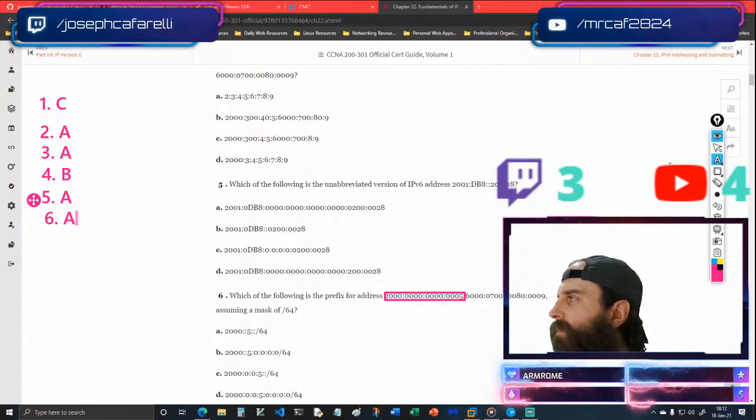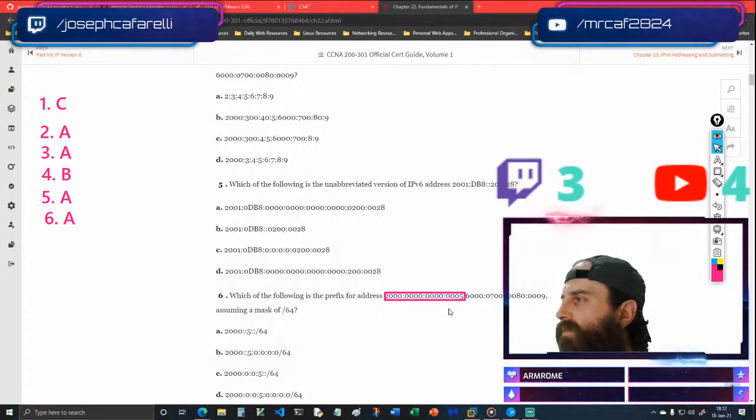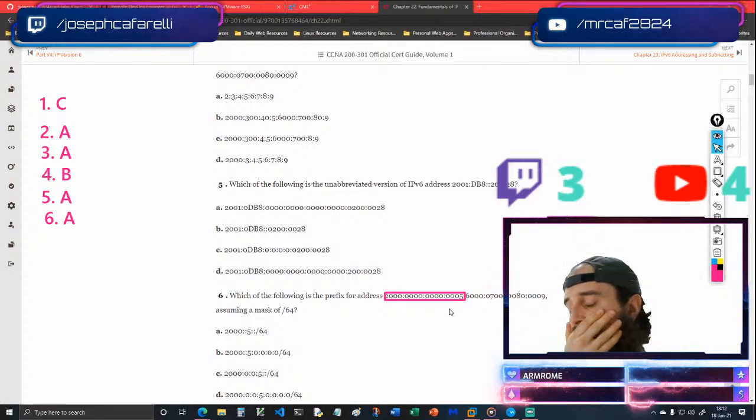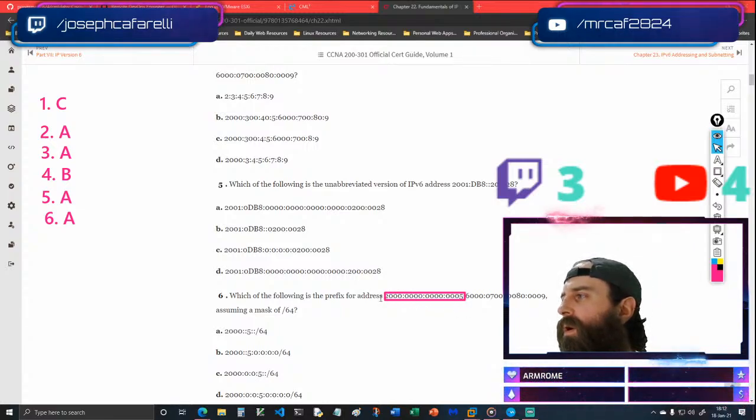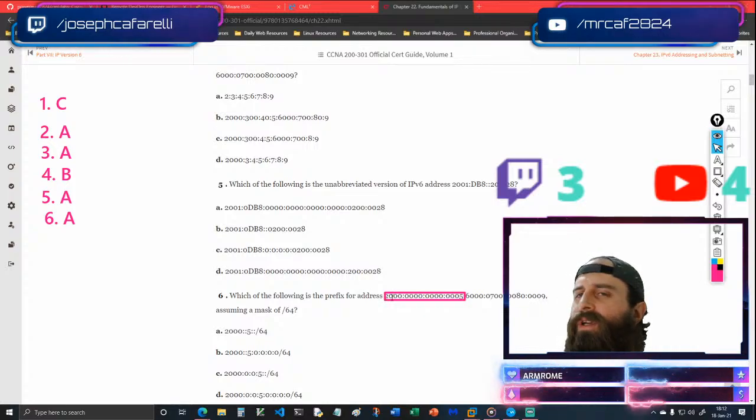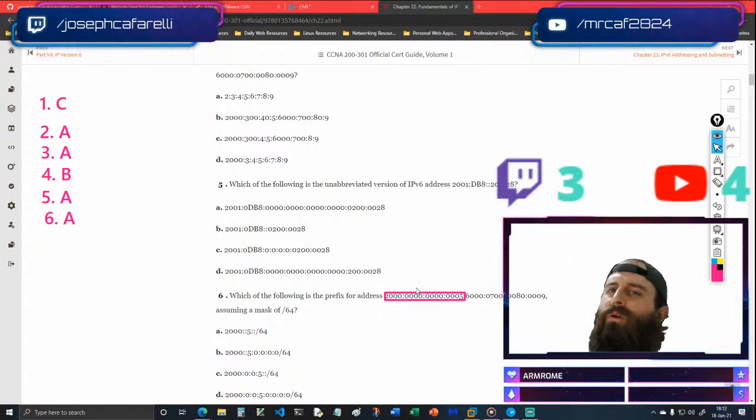All right. So how I figured that was, guys, there's 16 in each one of these IPv6 groups. I don't know if they call them octets, because octets means 8, so it wouldn't be called octets. There's probably another terminology that we're going to learn.